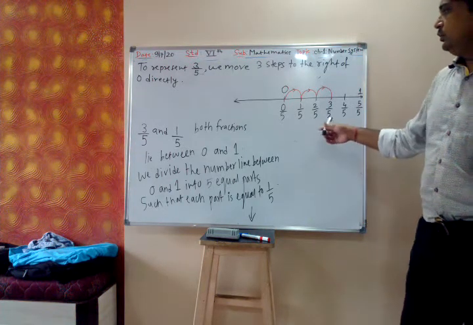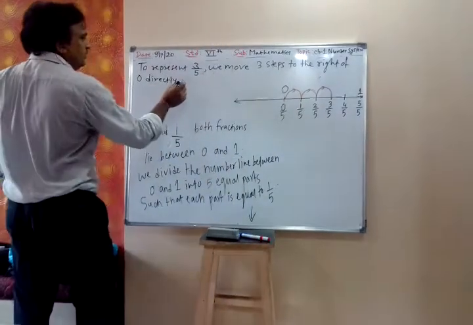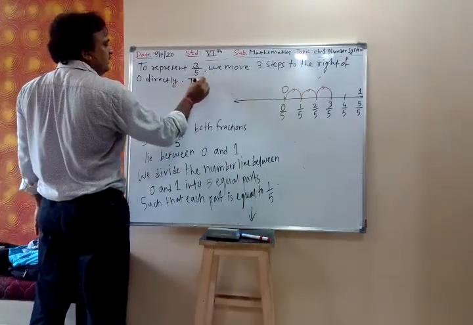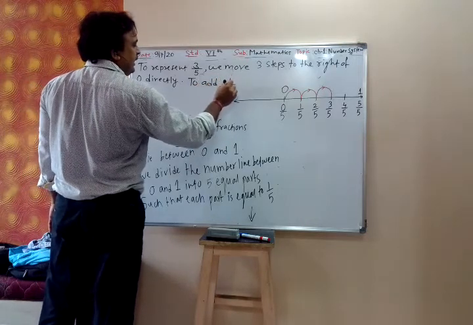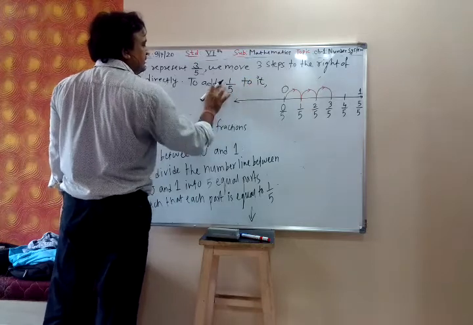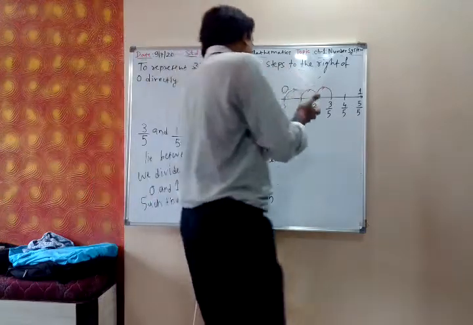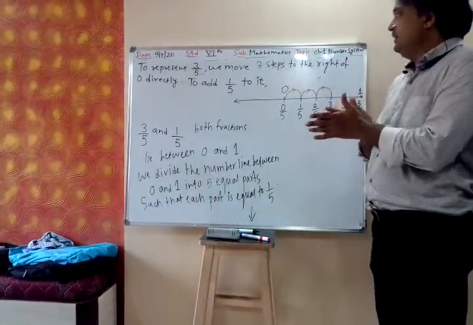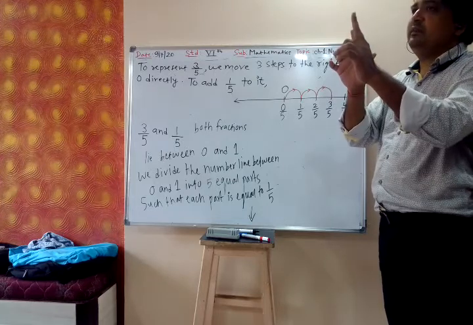Then to add 1 upon 5 to it, what will you do? Tell me. Now you have to make a jump. How will you go to the left?